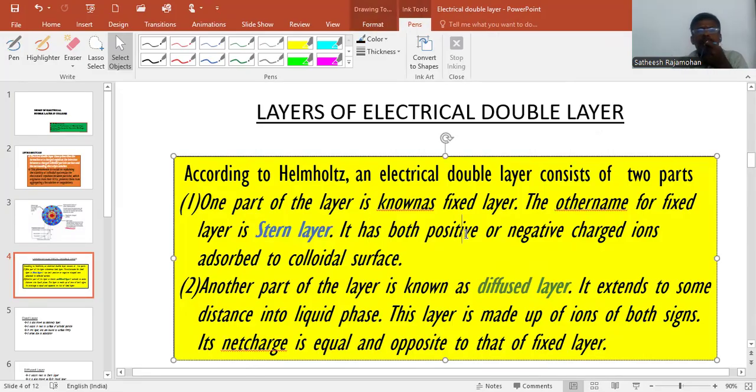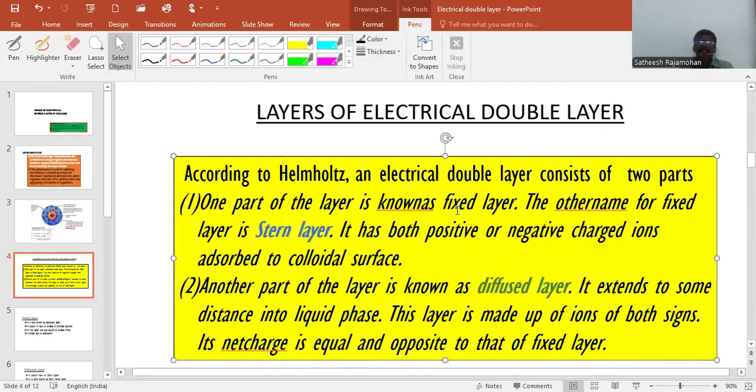Okay, so in the fixed layer, according to Helmholtz, this electrical double layer is explained by Helmholtz. According to Helmholtz, there are two layers. One part of the layer is known as the fixed layer. What is the other name for fixed layer? It is the Stern layer.